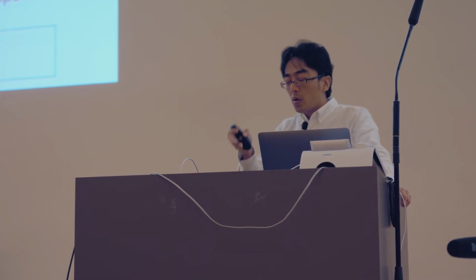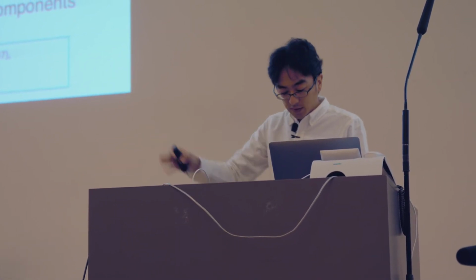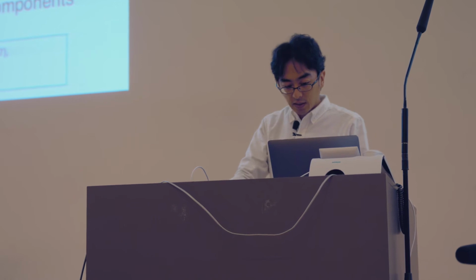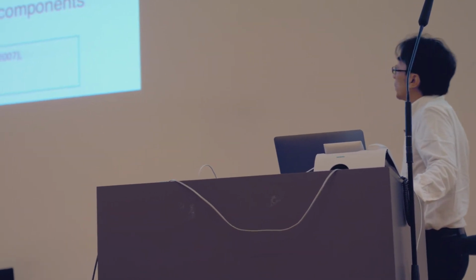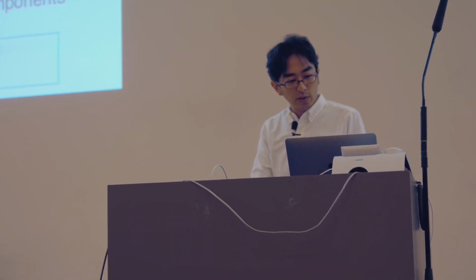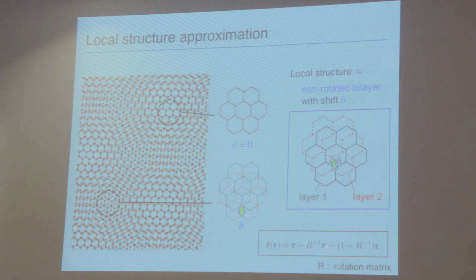The low energy spectra is almost 100% determined by this long-range physics, so we can forget this small period. This is coarse graining, so we do some coarse graining to extract the long-wave components. What we do is simple. Of course, there are a lot of equations behind this slide, but I just show the intuitive part.